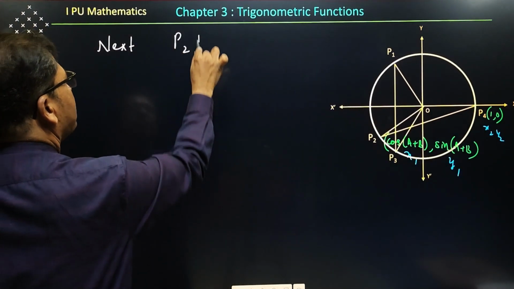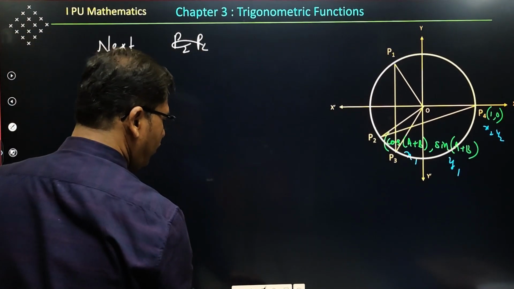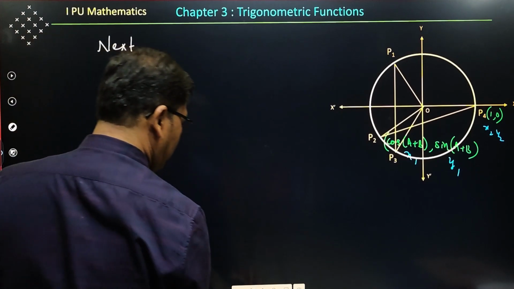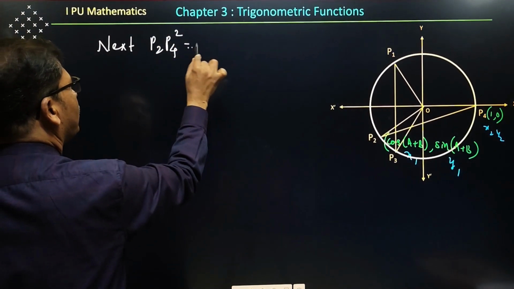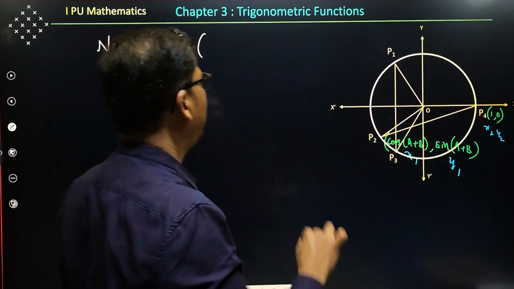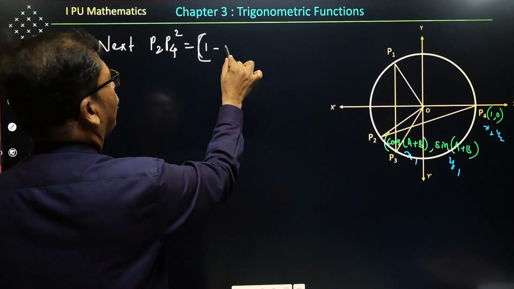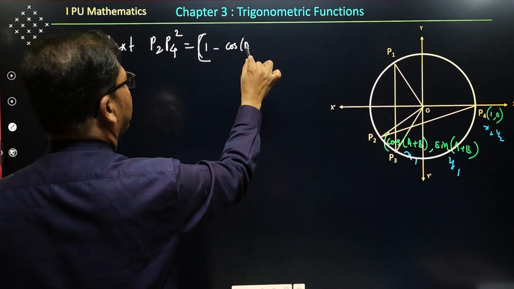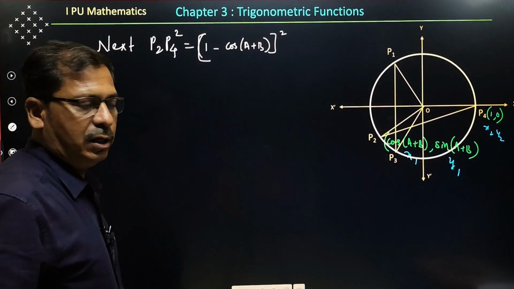P2 P4 square is equal to x2 minus x1, carefully observe here, 1 minus cos of a plus b. This becomes x2 minus x1 whole square here.